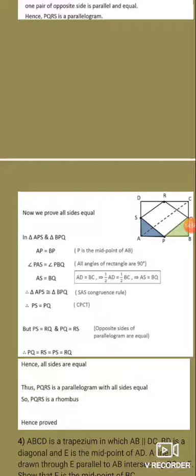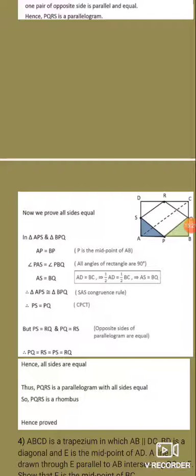Therefore, triangle APS is congruent to triangle BPQ using the SAS congruence rule. Therefore, we can write PS is equal to PQ using CPCT. Now, but PS is equal to RQ and PQ is equal to RS. Opposite sides of the parallelogram are equal.